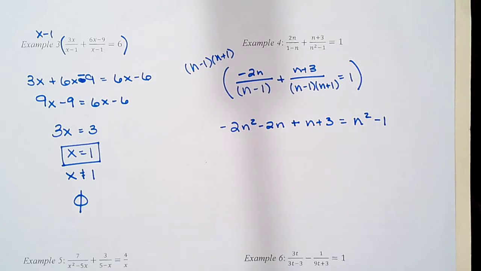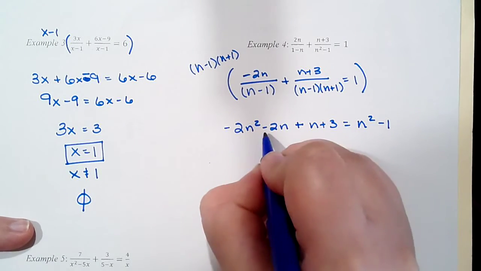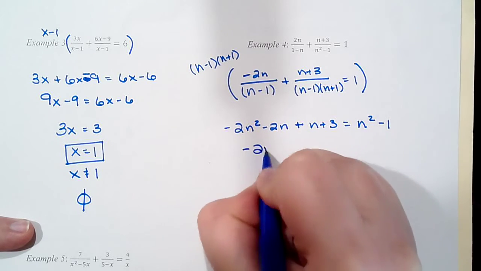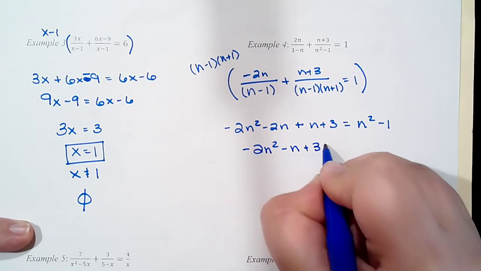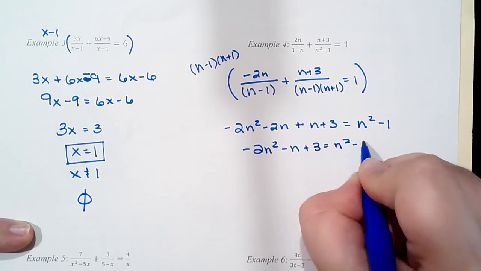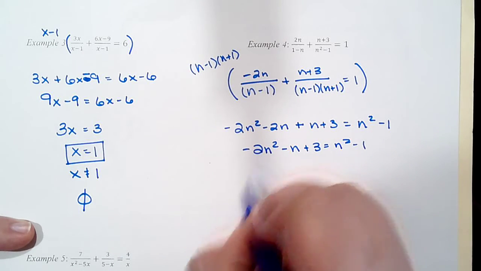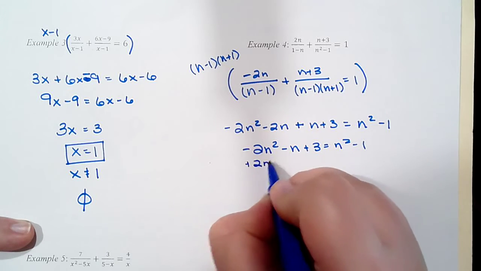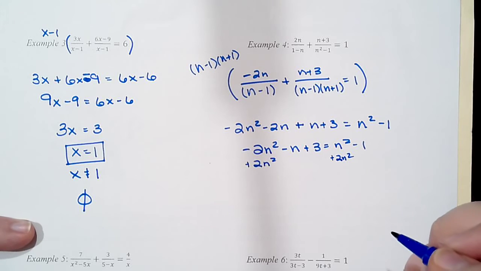All right, now that I've knocked out those denominators, let's jump into simplifying. I like to simplify the left side first if I can. Negative 2n squared minus n plus 3 equals n squared minus 1. Let's think of an easier way to do this. Let's actually move the 2n squared over so I don't have to work with a negative leading term.